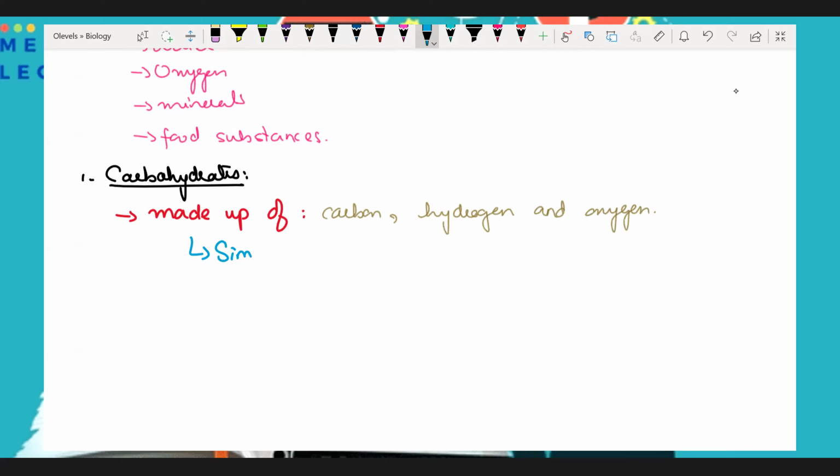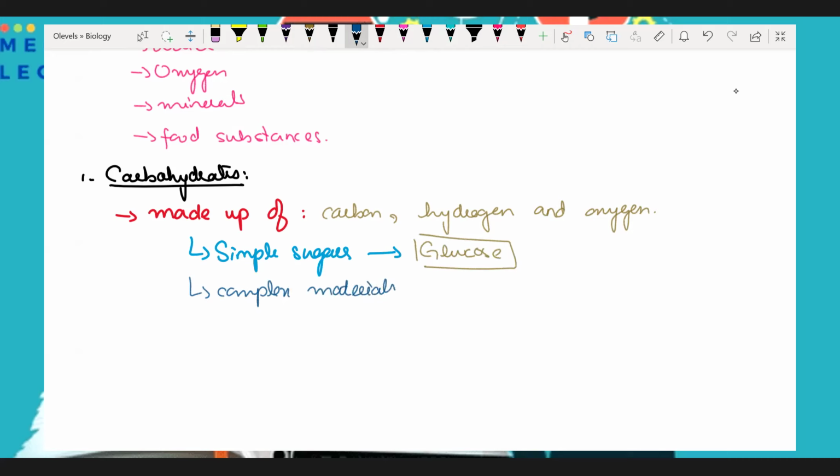The simple sugars are glucose and fructose, or you can say the simplest carbohydrate, right? And then we have some complex materials that come under the disaccharides: maltose and sucrose. Other than that, we have the polysaccharides: starch, glycogen and cellulose. Good. These are some of the examples.